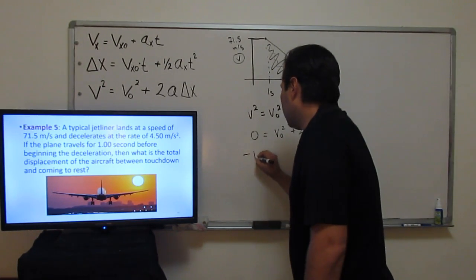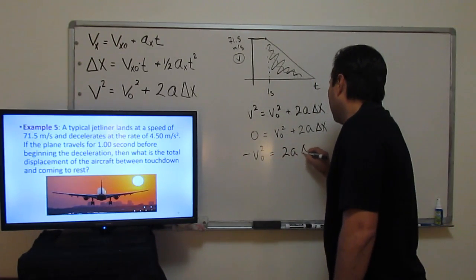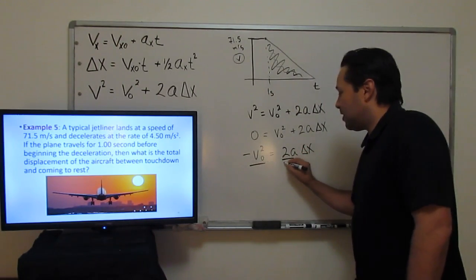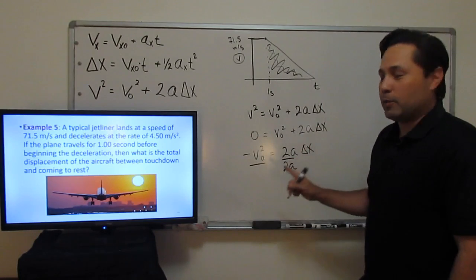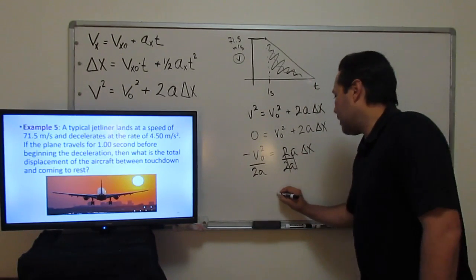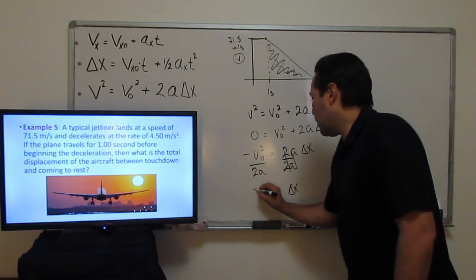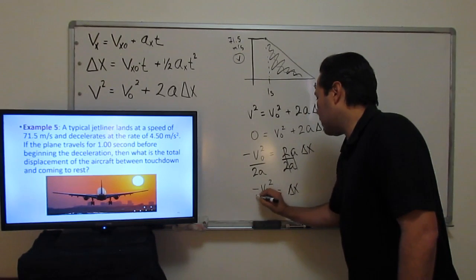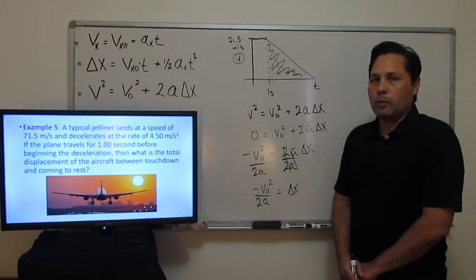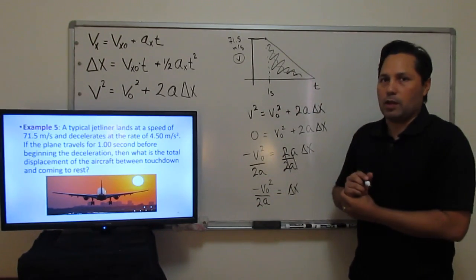That's going to make it negative. After that, I'm going to get rid of the acceleration and the 2 by dividing by them, so that cancels them out. Now that gives me my answer, which is negative v naught, the original velocity, squared over 2 times the acceleration. And that's going to give me the displacement for that section right there.